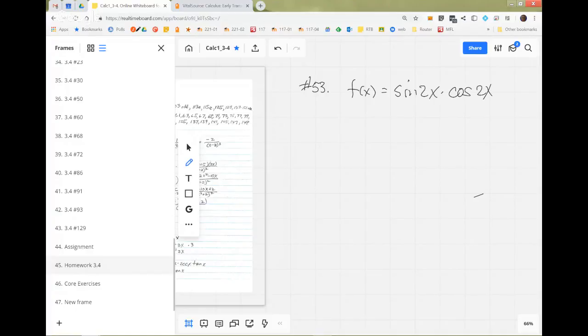Okay, so this is going to be, when we do a derivative here, a product rule, right? So the first times the derivative of the second, chain rule.